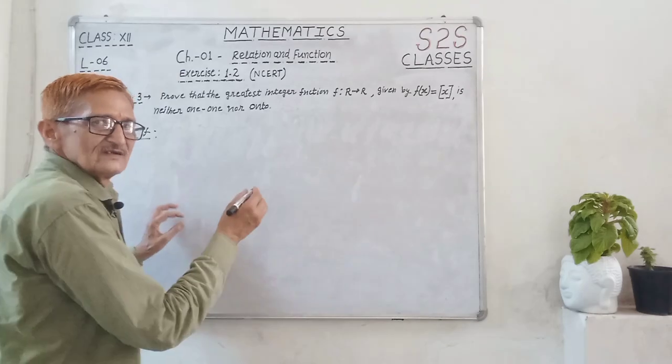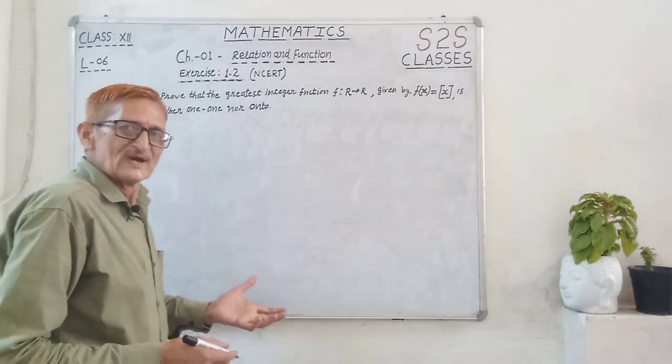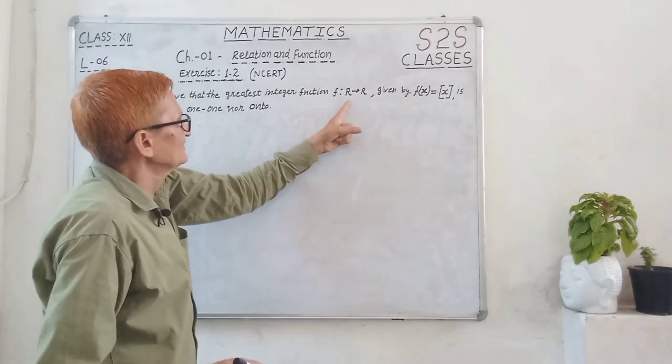For one-one, we always take x1, x2, two elements in the domain set. Domain is the real numbers.